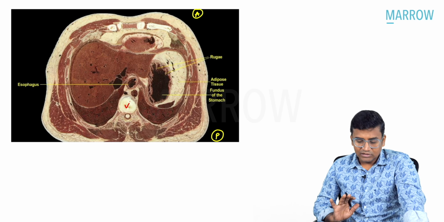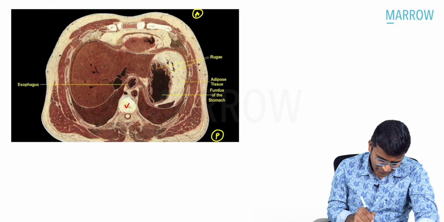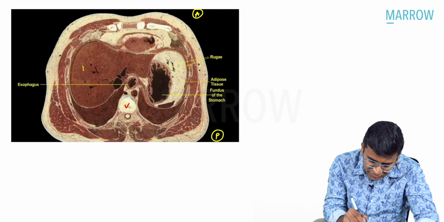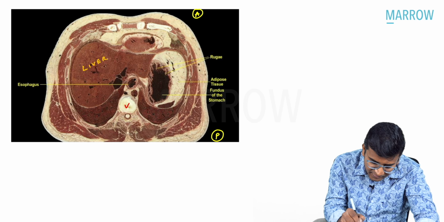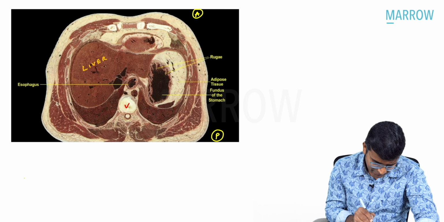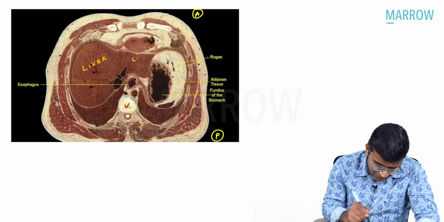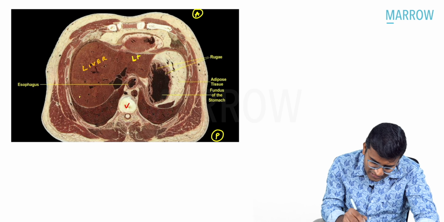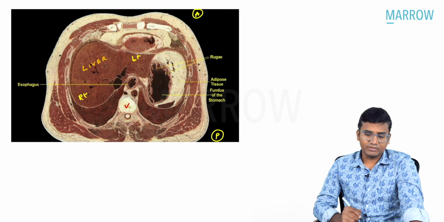Now in this section, we are seeing the massive organ on the right side. This is your liver. In the liver, this is the left lobe of the liver, and this is the right lobe of the liver.